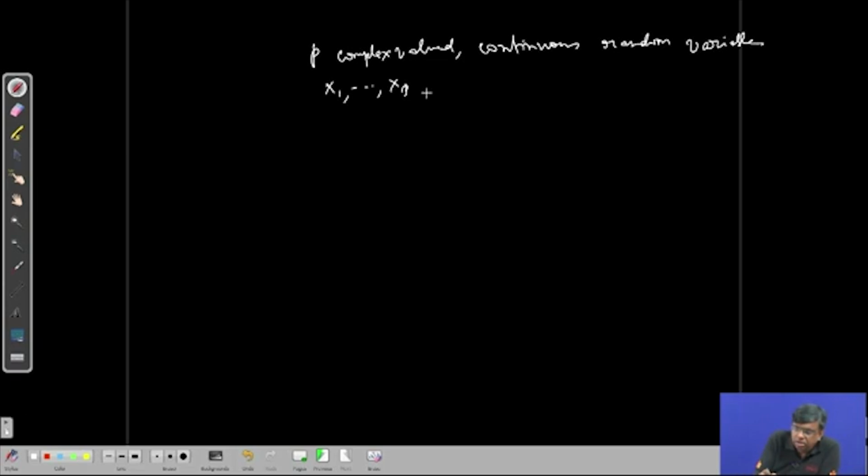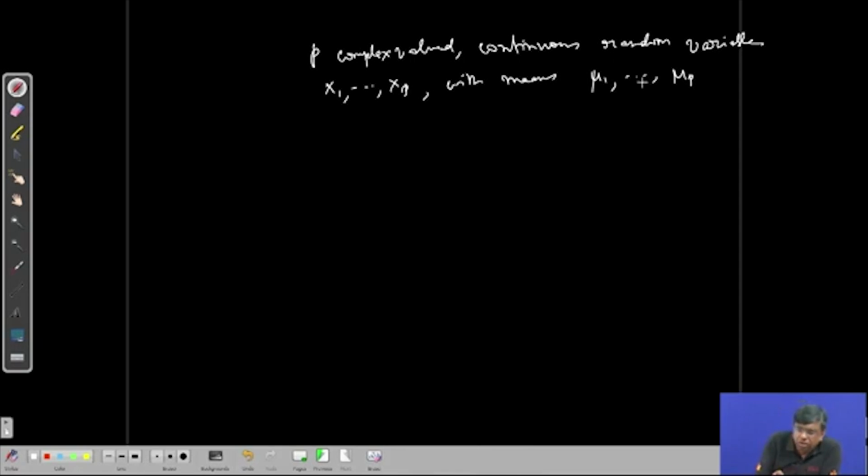Now consider P complex, in general complex, because that takes care of real also, complex valued, continuous random variables x1 to xp with mean mu1 to mu p. Last time I wrote mu x1, mu xp, now I am making it simpler, mu1 to mu p, because there is no other y or z random variables here, so it is fine.